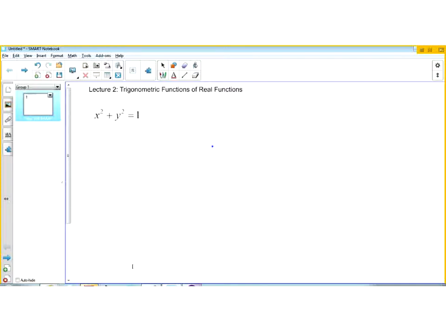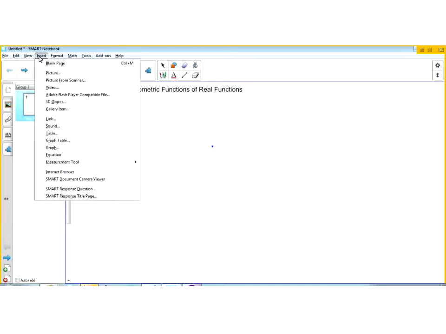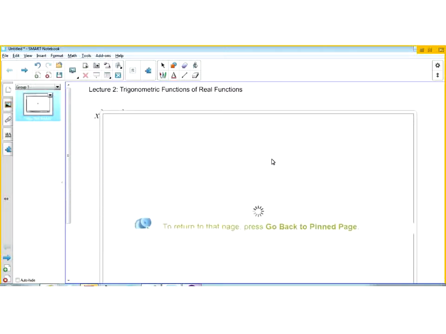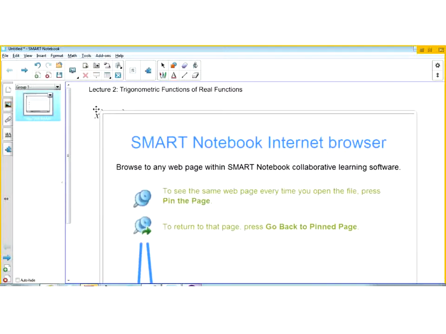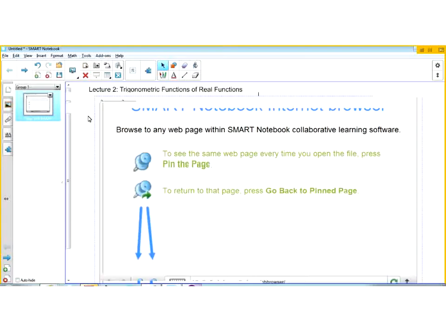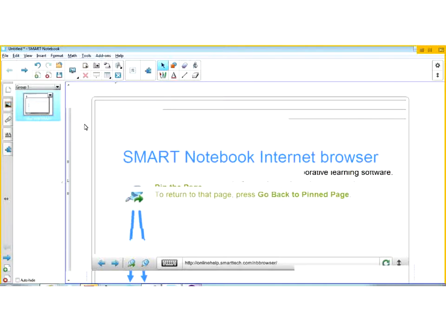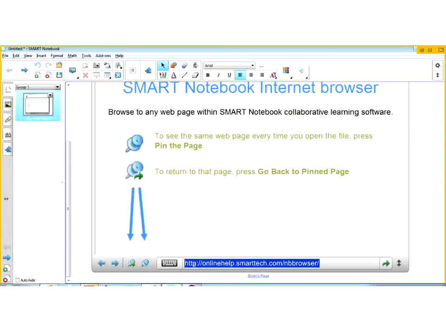So let me see if I can pull up a graph. All right, so we'll go to our graphing calculator utility.